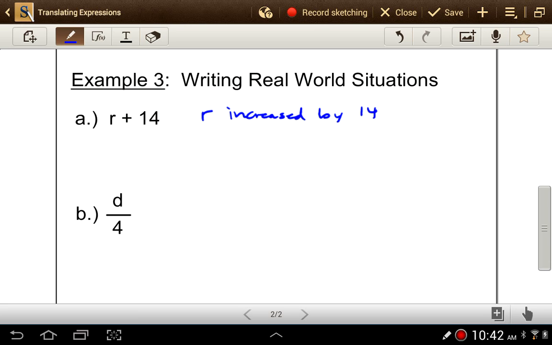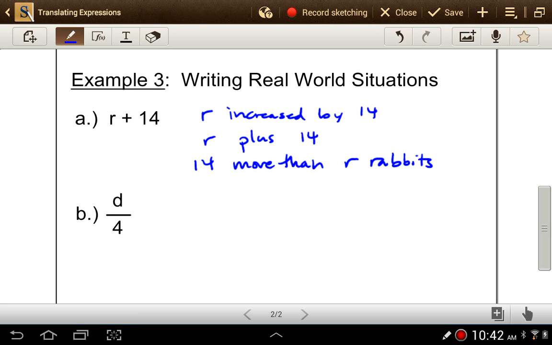Okay? I'm adding, increased would be one for adding. I could do R plus 14. And that would be another one I could do. If I wanted to switch it up, I could do 14 more than, there's that key word, than R. If I really wanted to get crazy, I could make something like 14 more than R rabbits. That could make it a little bit more interesting. Okay, and those are just basic ones.